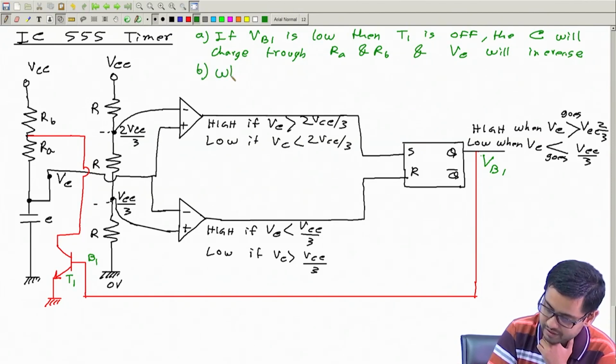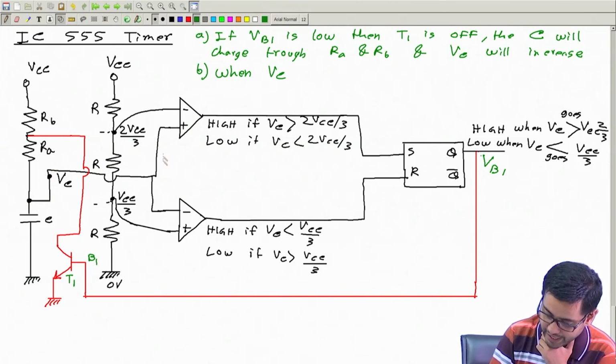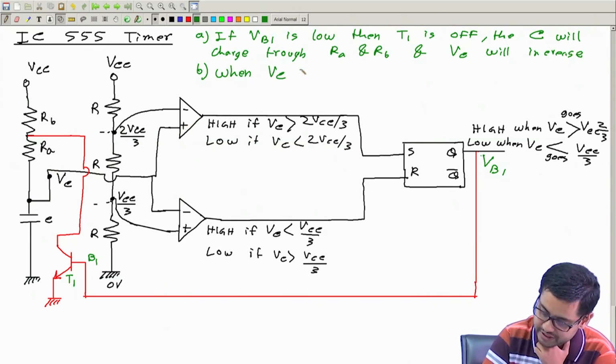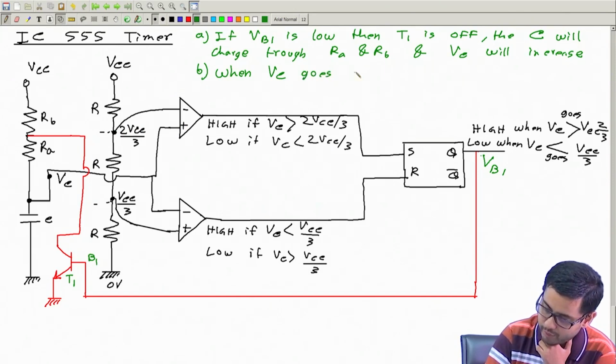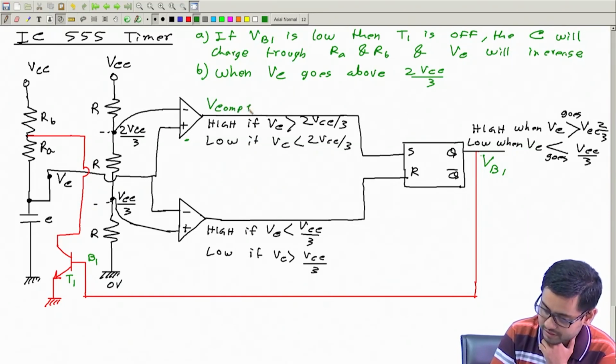Then when Vc goes above this level, 2 Vcc by 3, call this comparator 1, call this V comp 1.